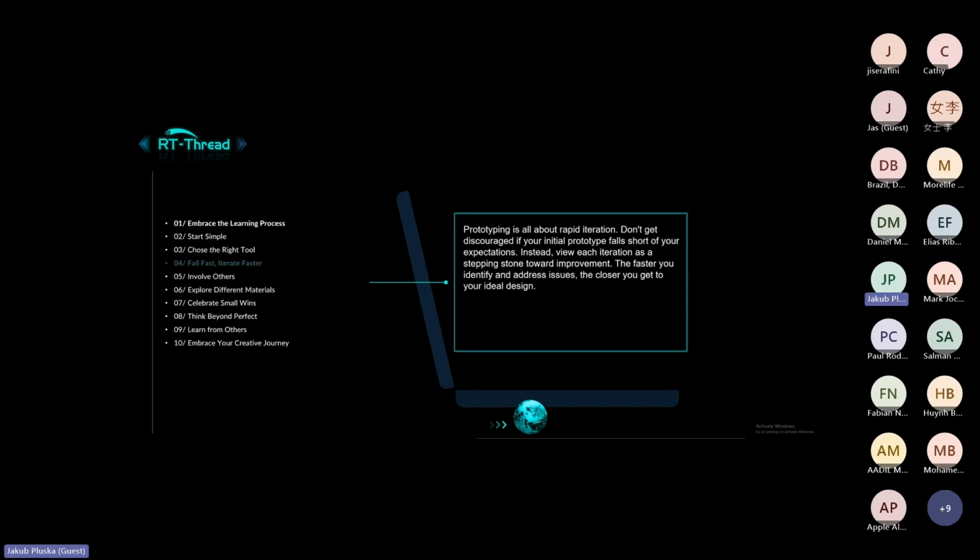Okay, so the fourth one: fail faster, iterate faster. First of all, you should have fewer expectations than at the beginning. From service management, it's like an agile way of thinking, right?